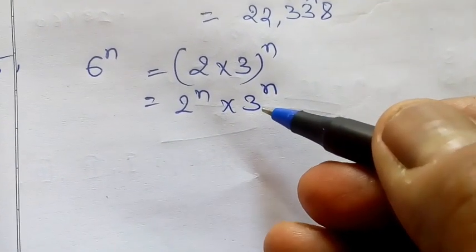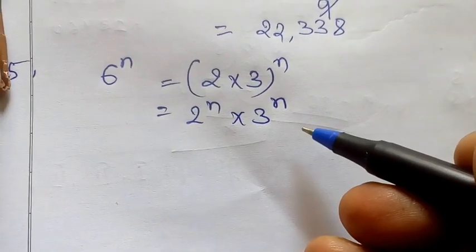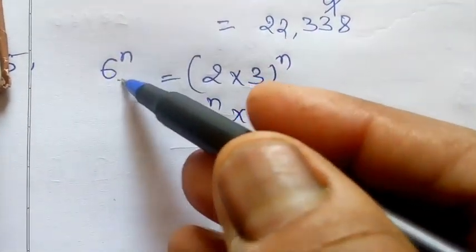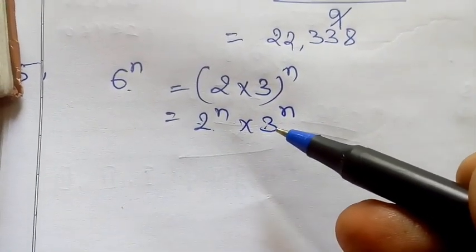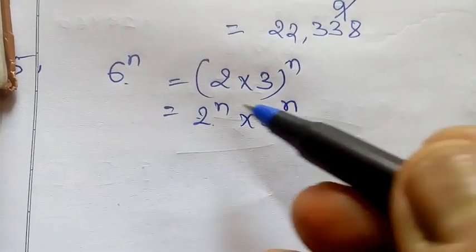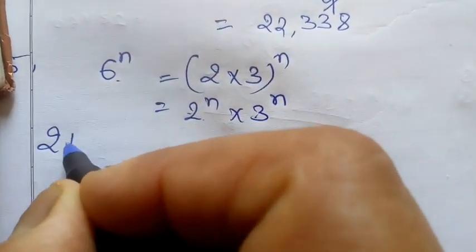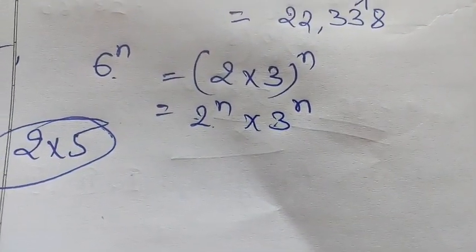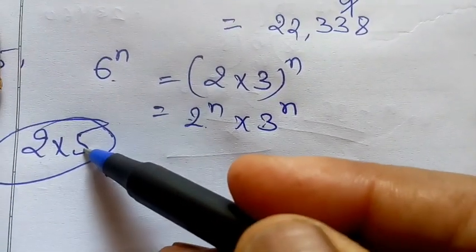It is the uniqueness of the fundamental theorem of arithmetic that there are no other prime factors. So there is no natural number n for which it can end with 0 because there is no factor 5. Any number ends with the digit 0 if the factors are 2 and 5.